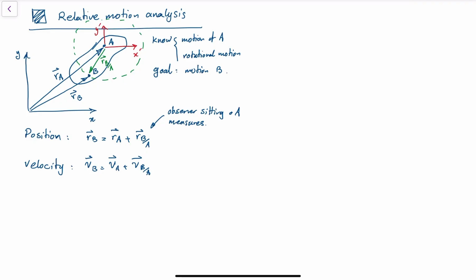Always a line sticking out a certain distance, and the only thing that can possibly happen is that this line in the field of view of A rotates. So, importantly, V of B relative to A is a pure rotation velocity.